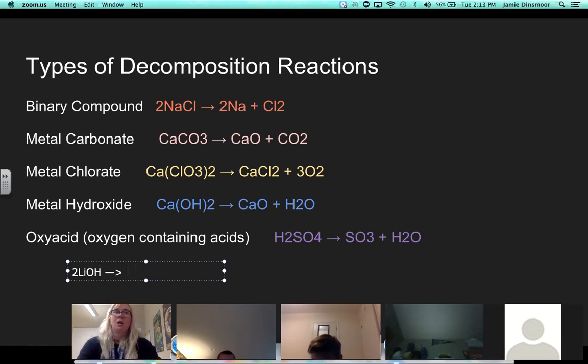Okay, so we know we're going to get water, and there's no reason that you can't write the H2O first. And we're going to get a metal oxide. So we have lithium, and we're going to have oxygen. Now, will lithium and oxygen bond on a 1-to-1 ratio? Let's think about their charges. Lithium has a charge of what?